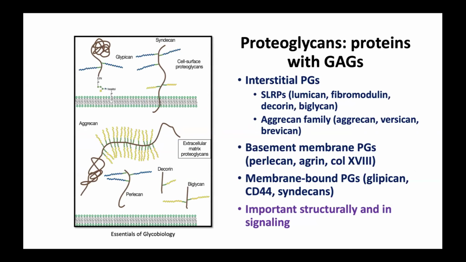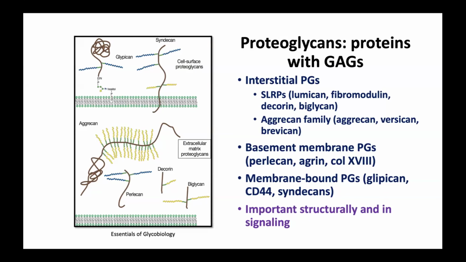There are a number of different families, and the details don't matter, but I just want to say, one of the families is aggrecan. You see that in a lot of the big structural components of the body. It actually has hundreds of glycosaminoglycan side chains, and that's going to make it effectively a huge molecule.